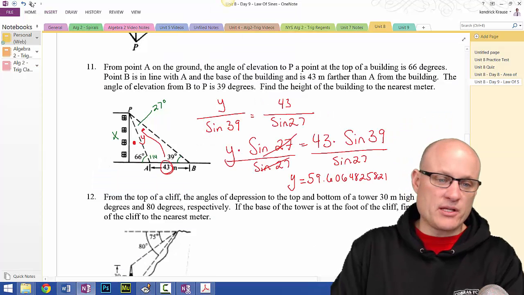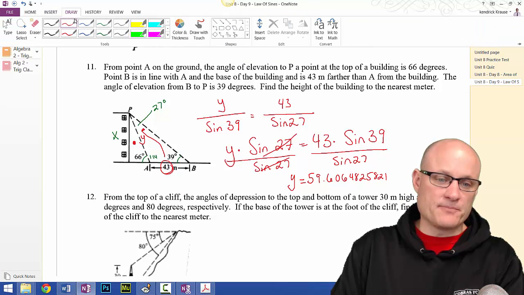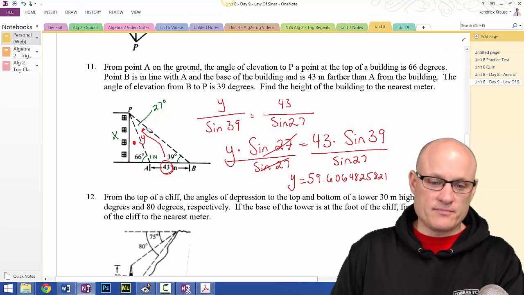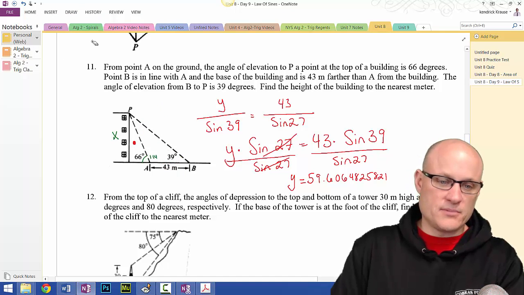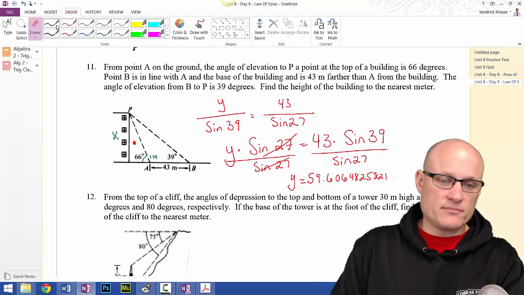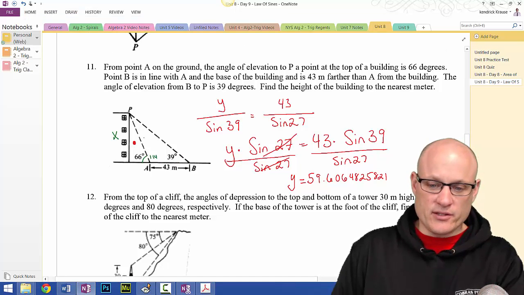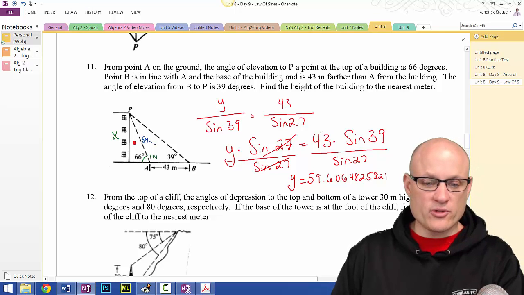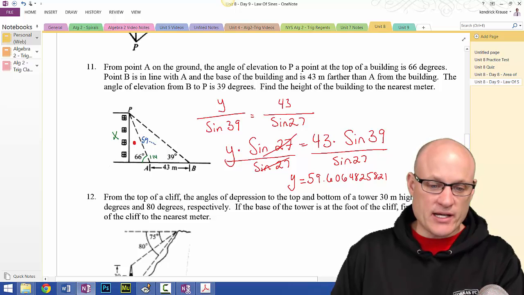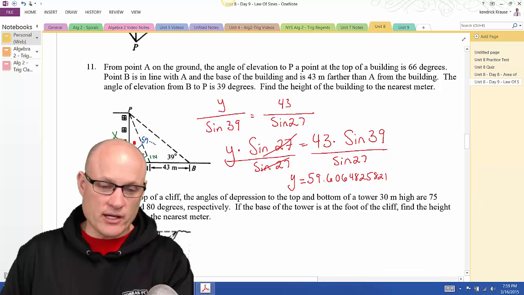All right, so let me clear up a little bit and see what we got here. I now have that this is 59 point something. I just did a law of sines again. This 59 is opposite the 90 degree angle here.